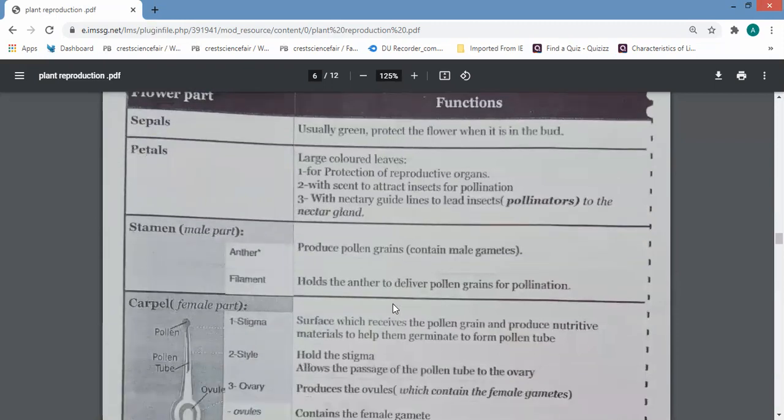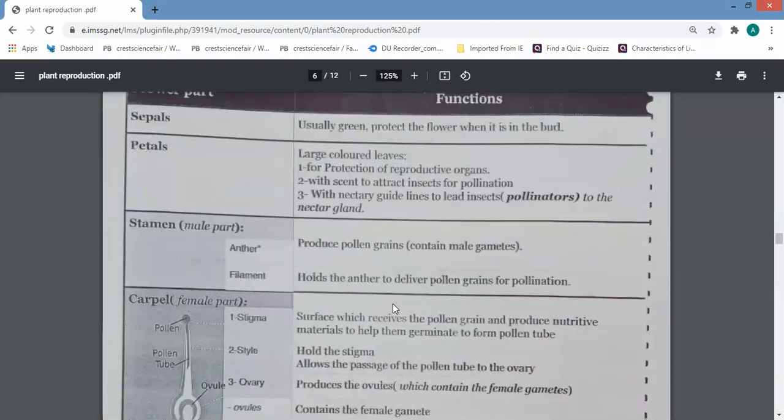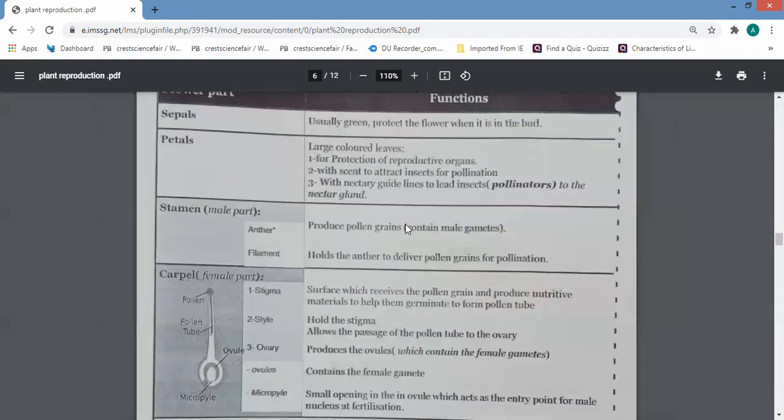In this table, we explain each part of the flower in detail. Firstly, the sepals. Sepals are flower leaves, usually green, and the function of sepals is to protect the other parts of the flower.